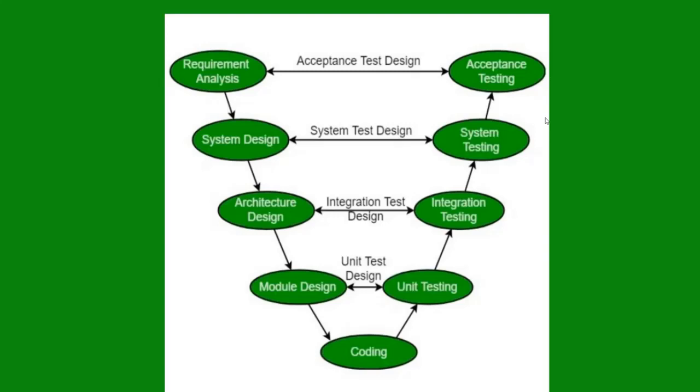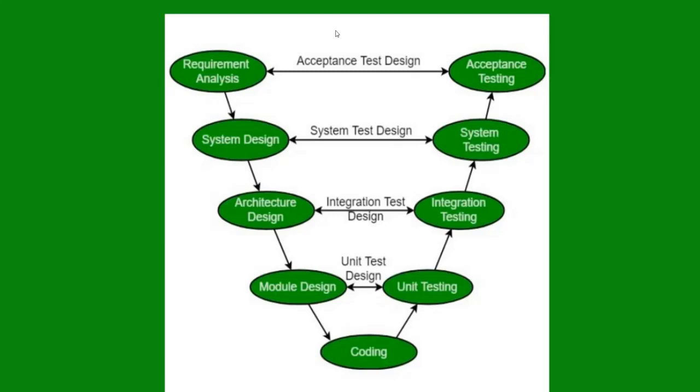Requirement analysis. With the requirement analysis, acceptance test design will be performed in between. In the waterfall model, after the requirement freeze was done, we went directly to the design phase.